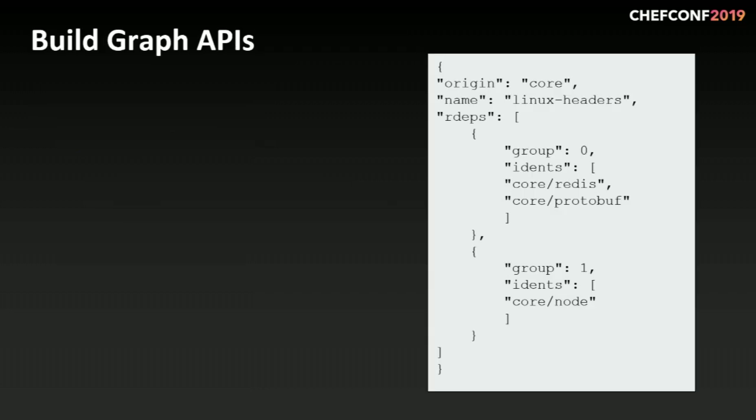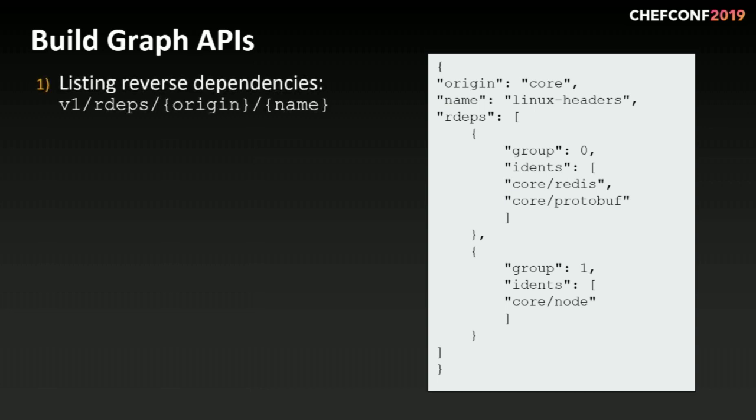And then the other thing is the graph APIs I talked about for figuring out your build ordering and dependencies. That's also out there now. So we have 2 things. One is you can list your reverse dependencies for any package. That's the API path, and this is in our docs. There's a YAML file that describes it.